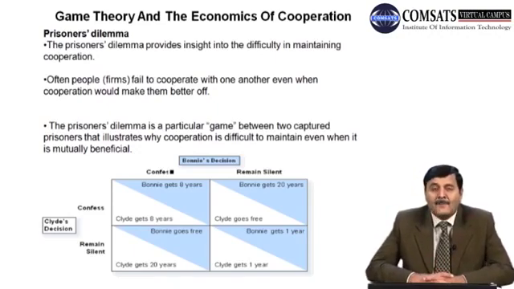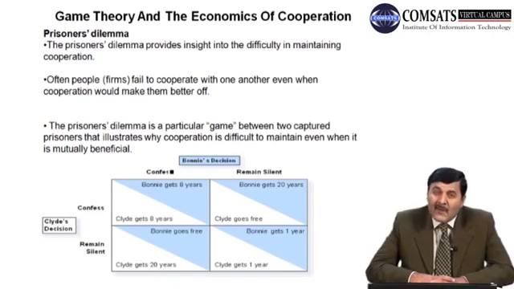Now we see that if they cooperate with each other, if they decide before going to be investigated that both of them keep silent, they cooperate, so they will get a benefit, because they will get 1 year jail if they cooperate with each other and decide to keep silent.